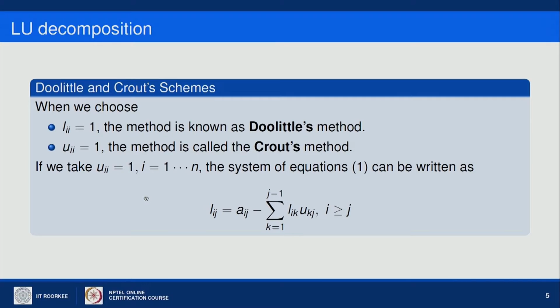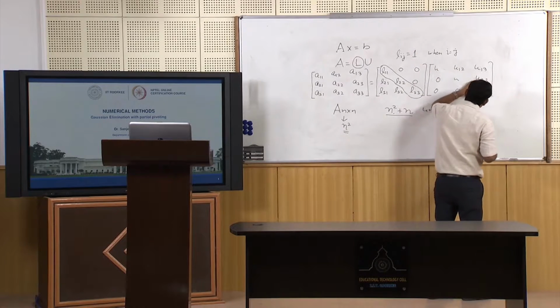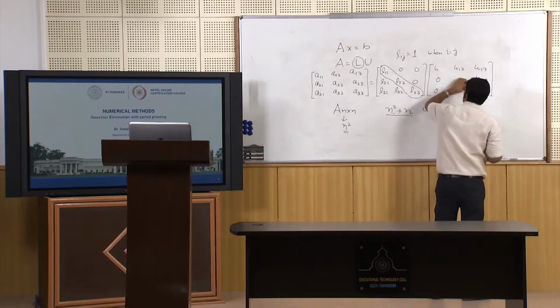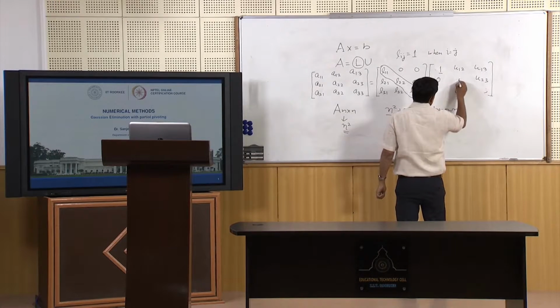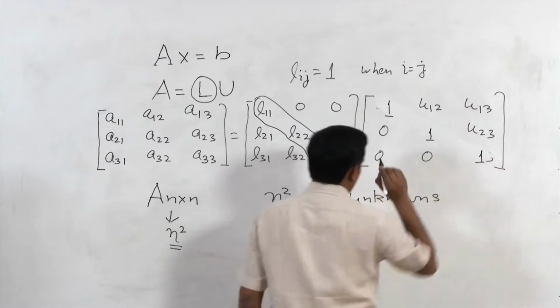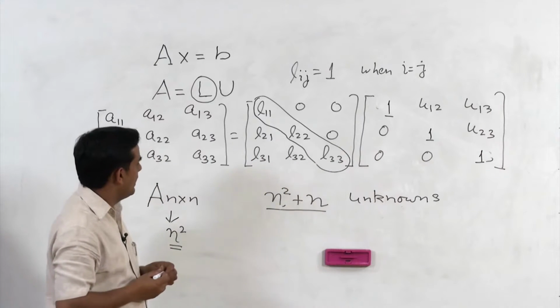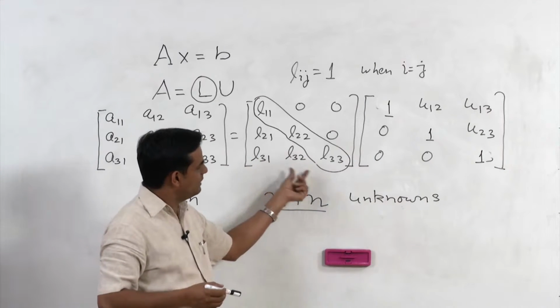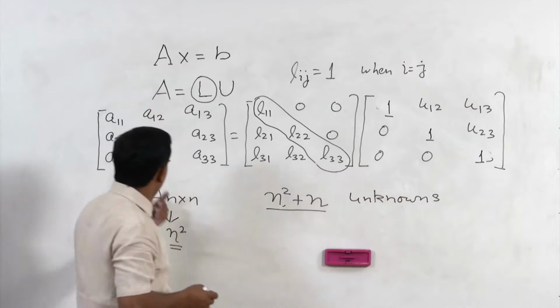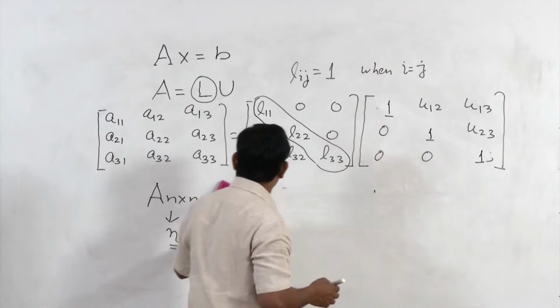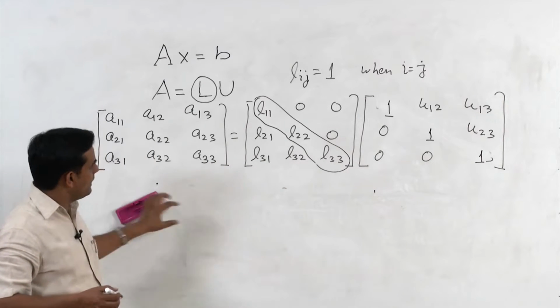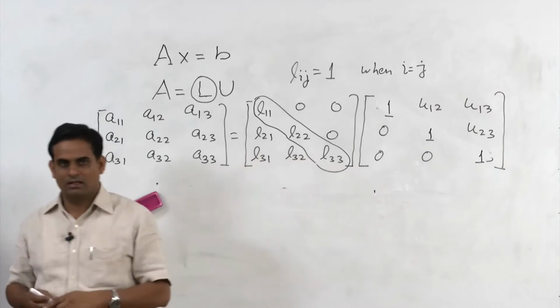Now, let us take the entries on the main diagonal of the upper triangular matrix as 1. Then we have 6 unknowns from L, 3 unknowns from U, and 9 entries, and I will find the values of all Lij and Uij.